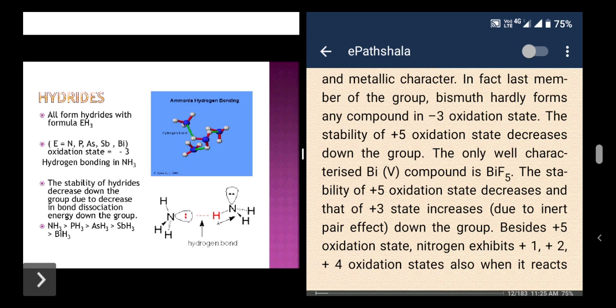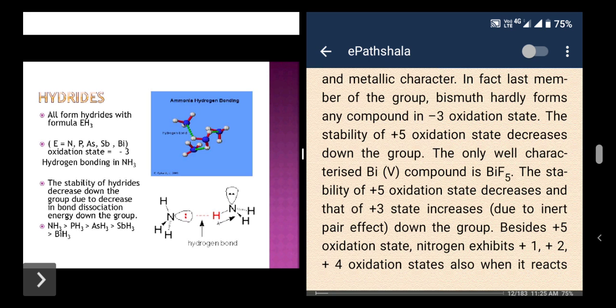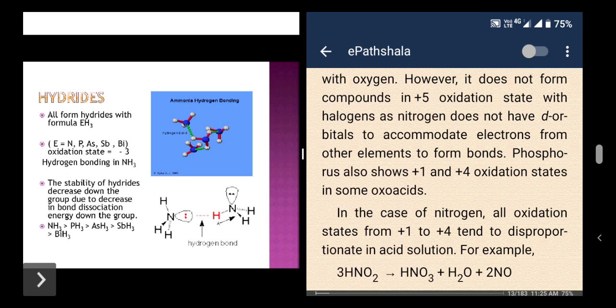The stability of the +5 oxidation state decreases as we go down the group. So mostly the stable oxidation states are +3 and +5. In nitrogen, +1, +2 and +4 oxidation states are also possible.